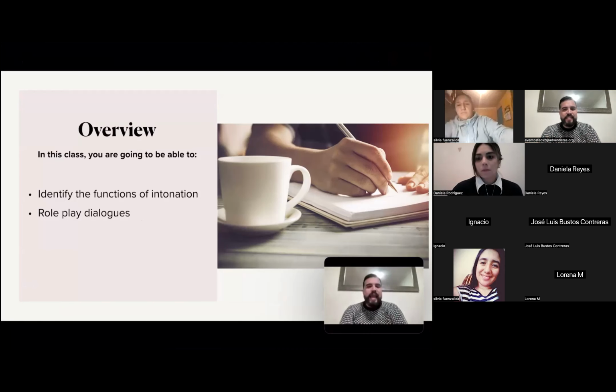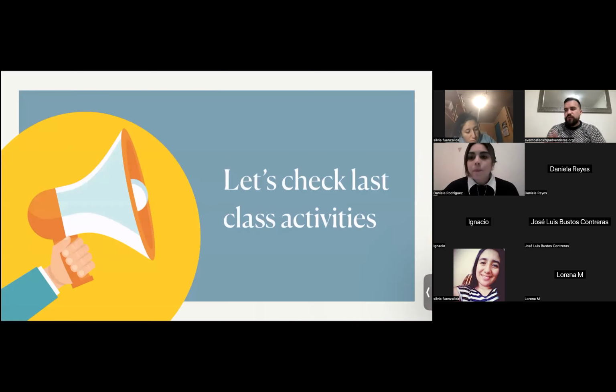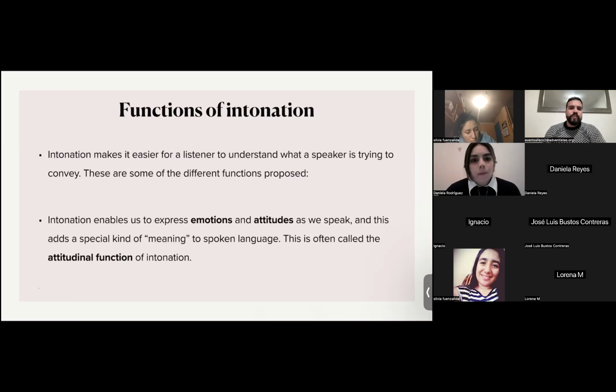On the other hand, you will have to work in groups to design and create your own dialogues, and you have to add the tone to the things that you want to express. So first of all, to describe a little bit about the functions of intonation. Remember, I'm going to explain this again, and I'm going to reinforce this.